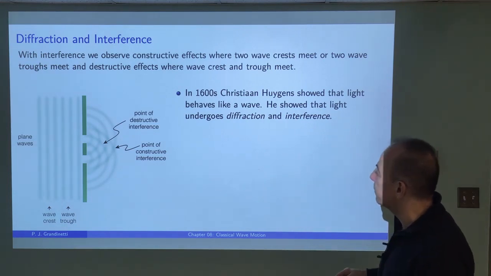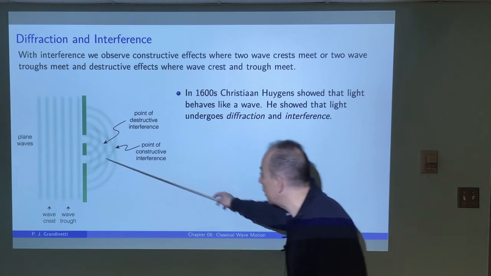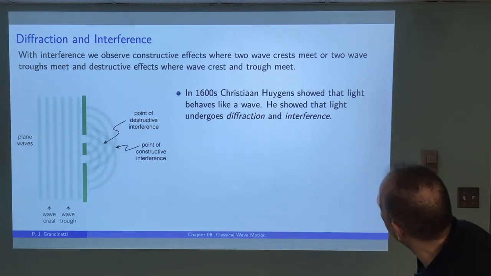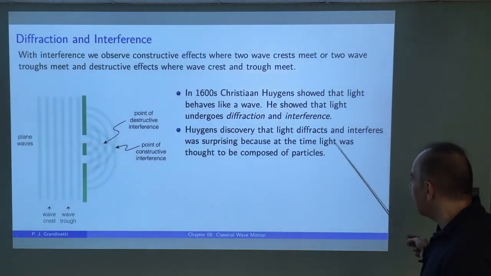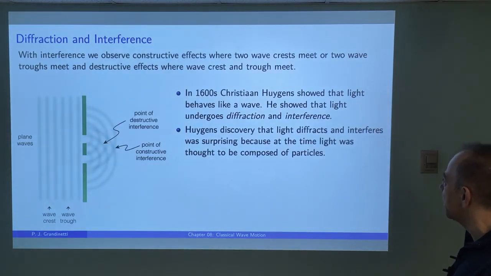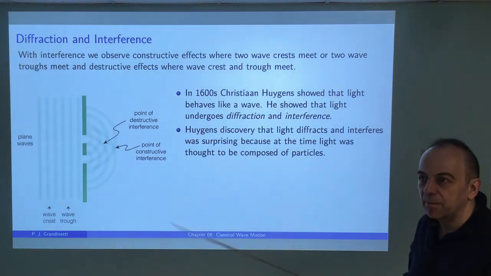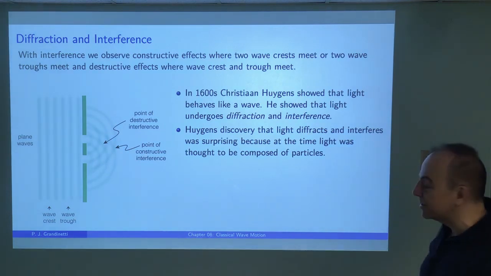He could see this with light when he had appropriately sized slits, and he could measure the interference patterns. He realized that for light to behave like a wave, there must be some medium in which this is occurring.